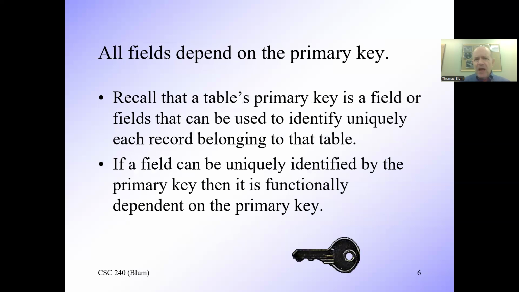Okay. Now, if we have a primary key, then everything depends on the primary key. That was the role of the primary key: each row can be identified by the primary key, so everything in that row is dependent on the primary key.